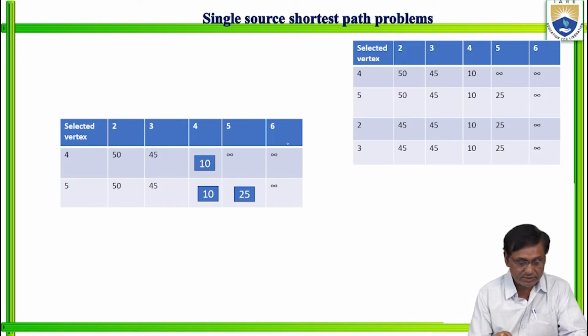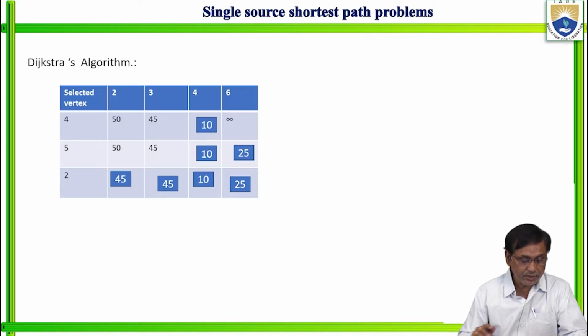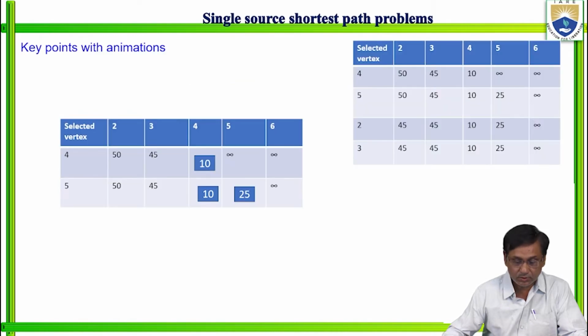After selecting the vertex 4, again we found the distances, that is 50, 45, 10 and 25. So in this 25 is the minimum, so it is rounded off here and the vertex selected is 5. After selecting the vertex 5, again we calculated the distances of 2, 3, 4, 5 and 6.